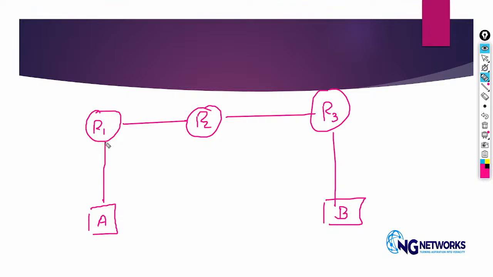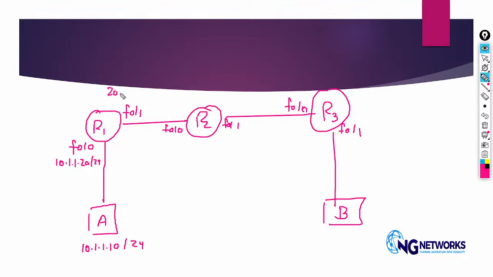Let me give the IP addresses and assume the interfaces are F0/0 and F0/1 on each router. Now, on one side I give the IP address 10.1.1.10/24, and on F0/0 the IP address would be 10.1.1.20/24.